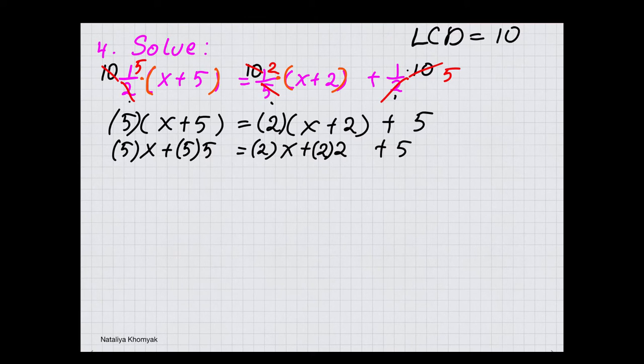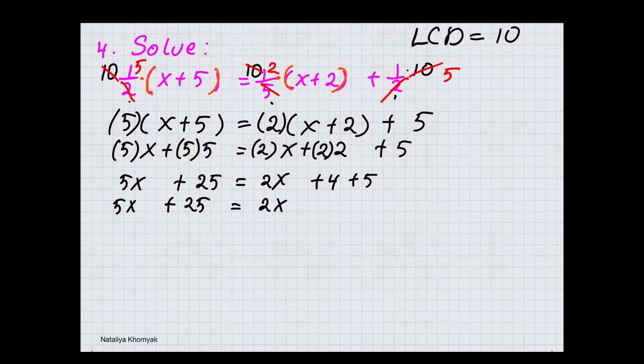And let's simplify it a little bit. So we have 5x plus 25 equals to 2x plus 4 plus 5. Now we have 5x plus 25 equals to 2x plus 9.